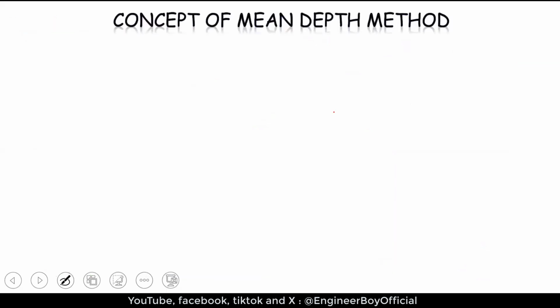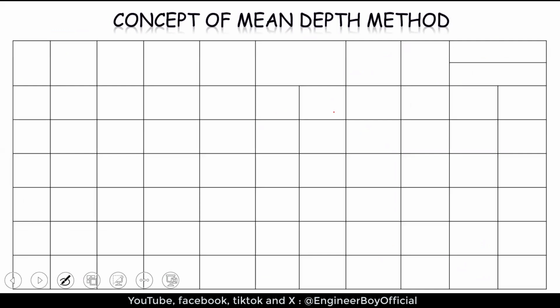Let's say we will just do it using the mean depth method. This is going to be the concept. We will be using the same table, such as stations, NSL, formation level. In the previous table, the depths were known. Here, as you can see, depths are not known. However, the NSL and the formation level are known.